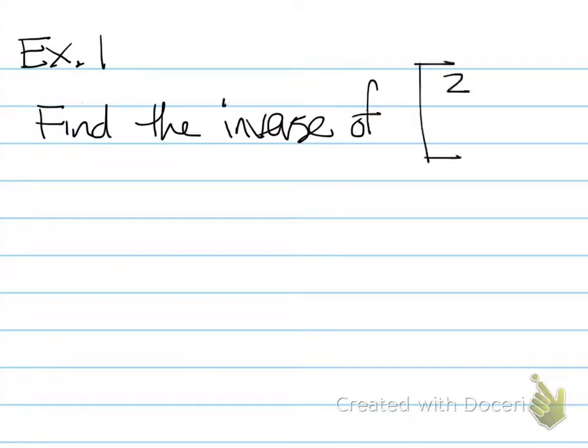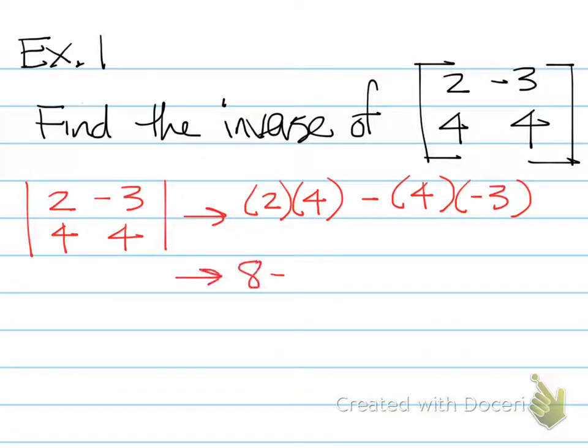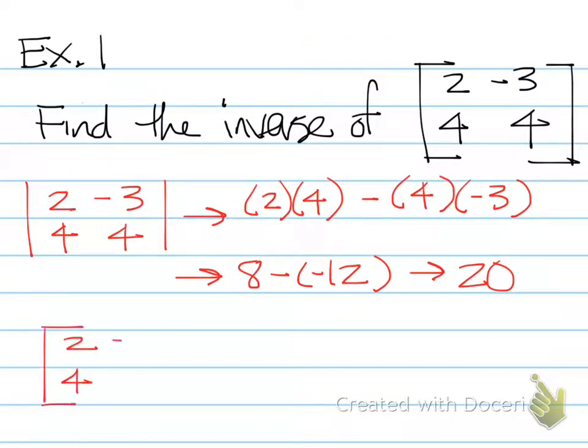All right, so in this example, we're going to find the inverse of this matrix. You should start by finding the determinant. The determinant of this matrix would be 2 times 4 minus 4 times negative 3, which gives us a value of 20. So the value of the determinant is 20 for this matrix.